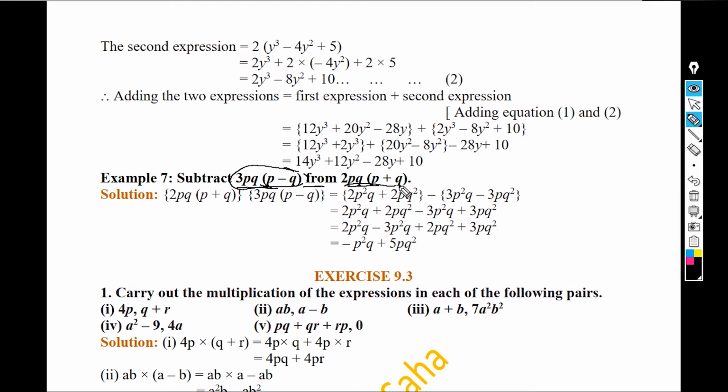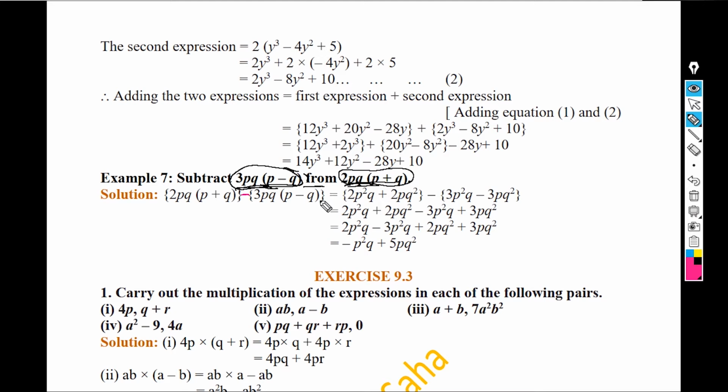Here it is also product of monomial and binomial. You have to multiply first these two, and from the result of that you have to subtract product of these two. You can write here 2pq(p plus q), and here you have to subtract, then you have to put minus sign, and then 3pq(p minus q).